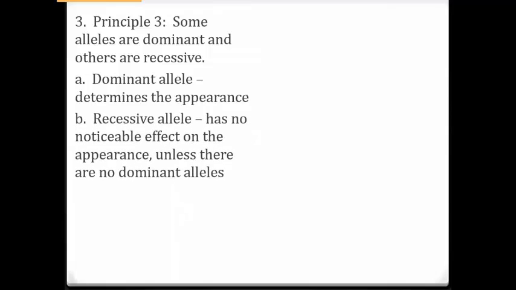For recessive alleles, if you have a recessive allele in only one of them, you're not going to notice any effect or change in your appearance. If the dominant one is there, the dominant one kind of wins over. But the recessive one will show up only if there's no dominant present. So you have to receive 2 recessive alleles and no dominant allele.